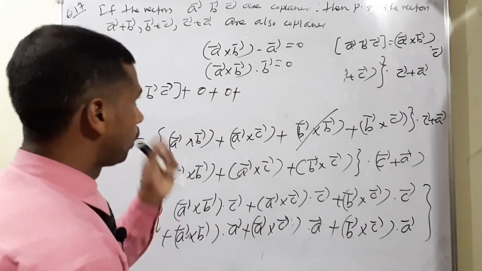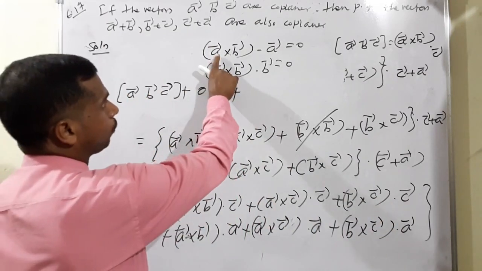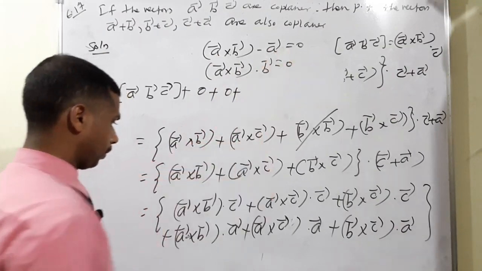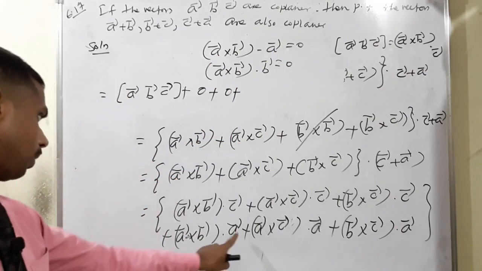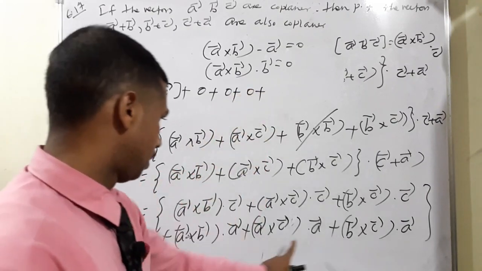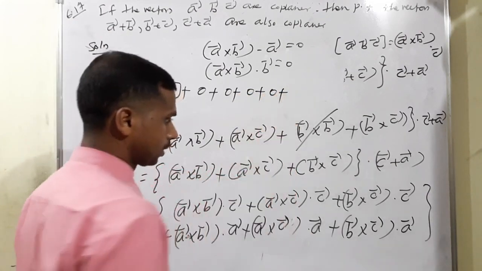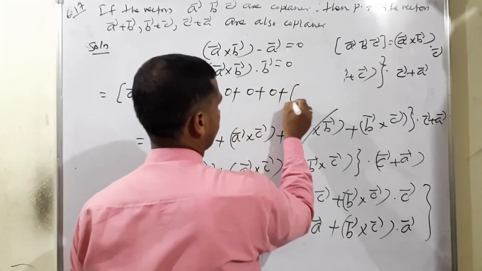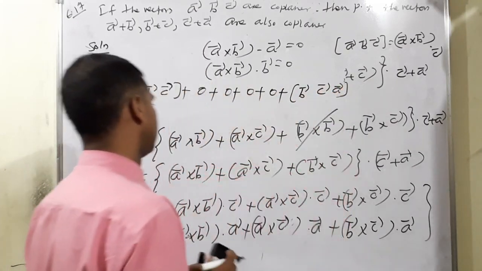Plus, next, A vector dot A vector is equal to 0. Here also the same, dot A vector, 0. The fifth term also has A vector and A vector, 0. Plus the last term, the box product of B vector, C vector and A vector.